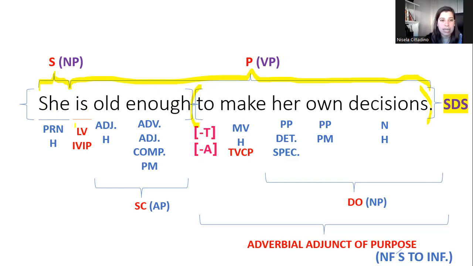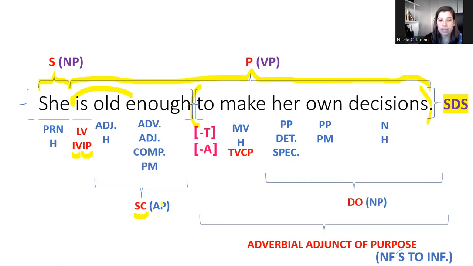Yes, she is, the verb to be is a linking verb and an intransitive verb of incomplete predication. Old enough is the subject complement or the subjective complement, whichever way you call it. Old enough is complementing the idea of she, the identity of the subject.